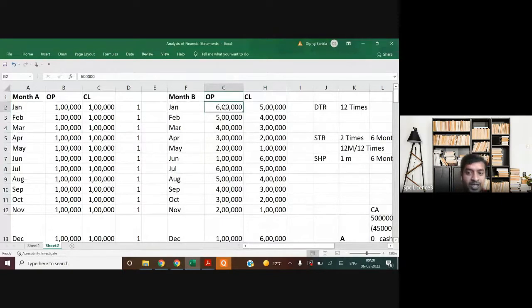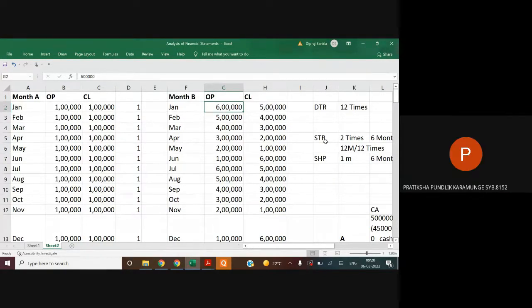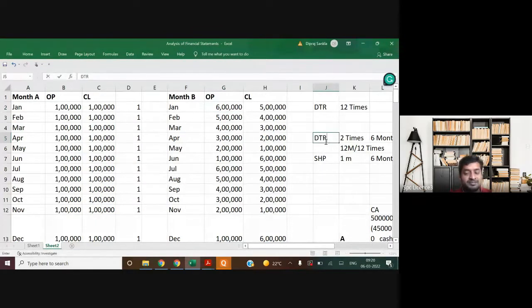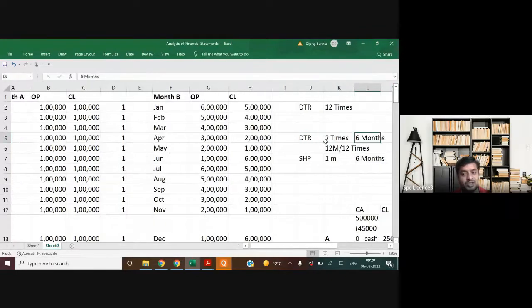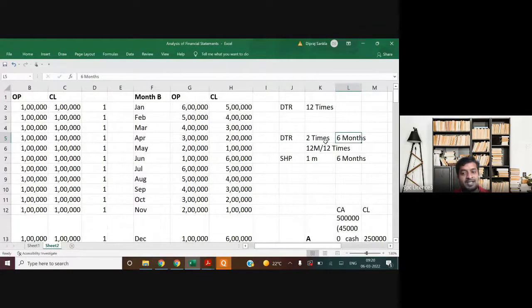Goods are sold on credit and cash is collected from debtors. It has happened only 2 times in case of B company, right? Yes, sir. So DTR in B company is 2 times. Right? So here, what is the credit period in B company? 6 months.